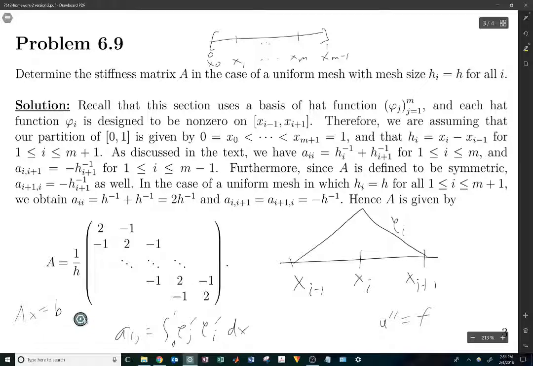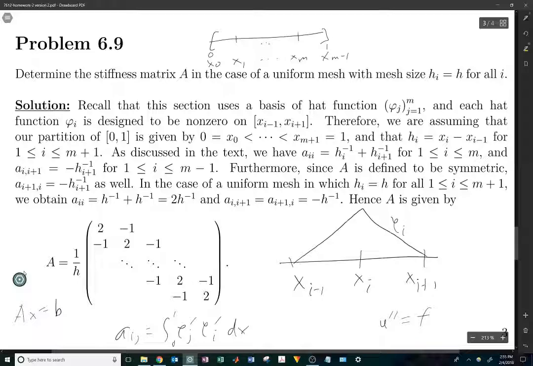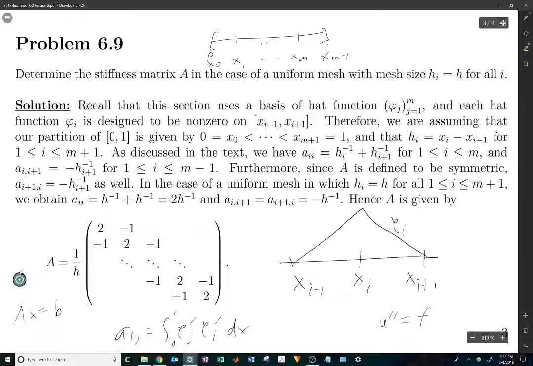That integral will actually give you another factor of h. So you could, if you wanted to, take those h's and bring them over to the other side, and then you'd get a 1 over h squared instead of 1 over h here, and it'd look very much like the finite difference method. But yeah, that's about it for this section. Sorry about the sound quality, but hopefully this makes it clear how this problem works.